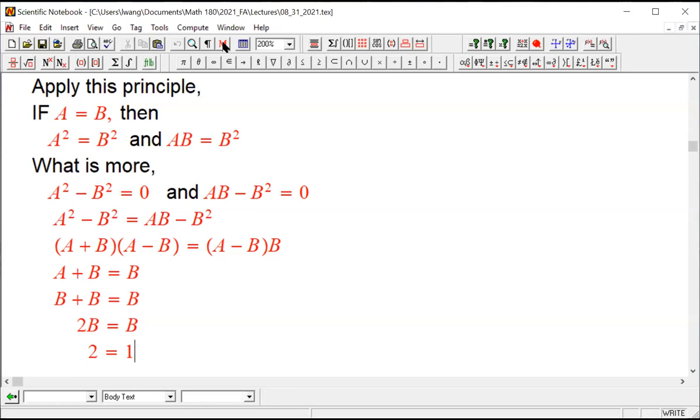So what went wrong here? Which step do you think will need that requirement of C cannot be 0?